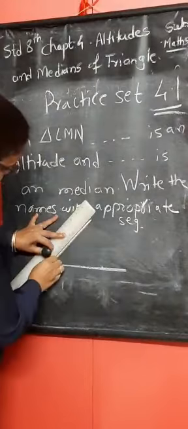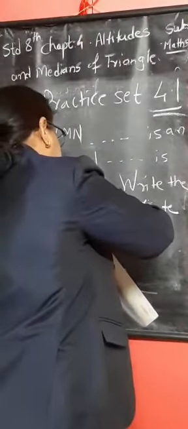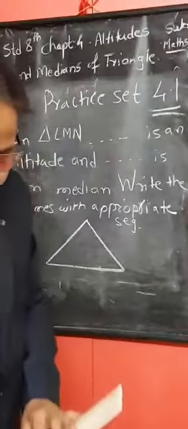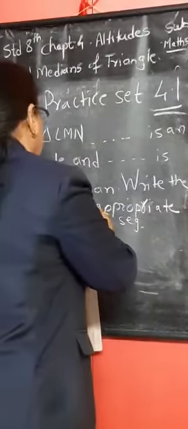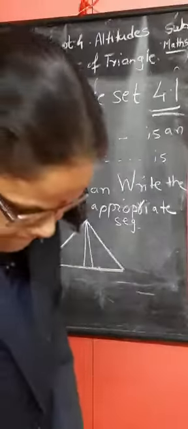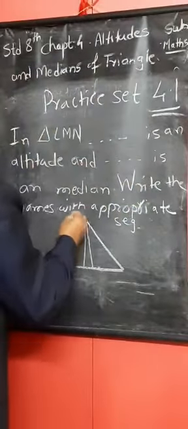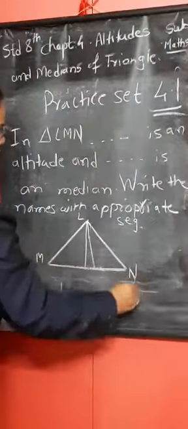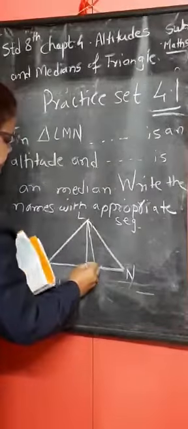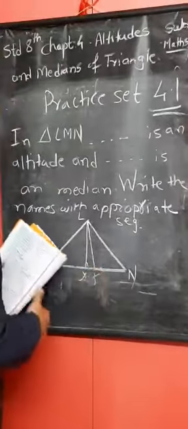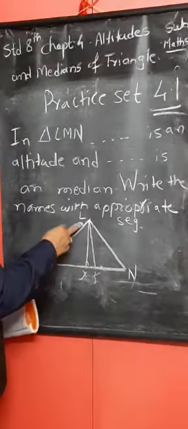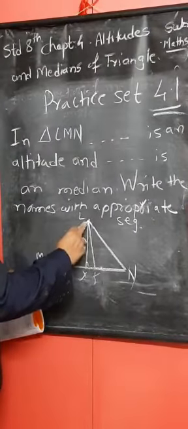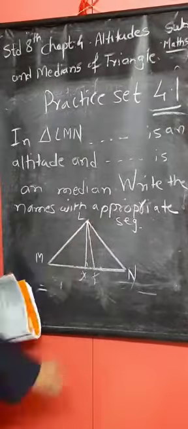We draw a figure. This is triangle LMN, with points X and Y. Here the altitude is LX.